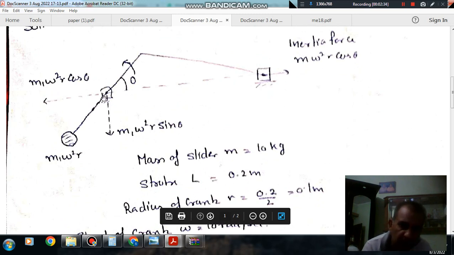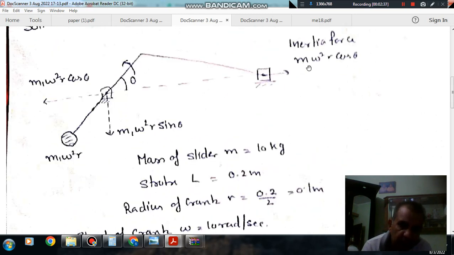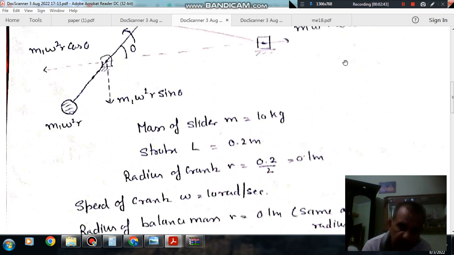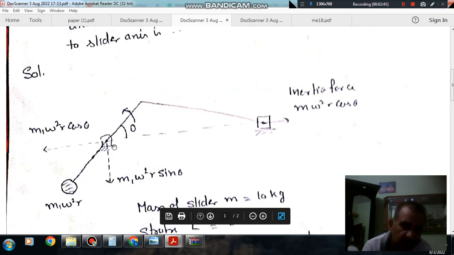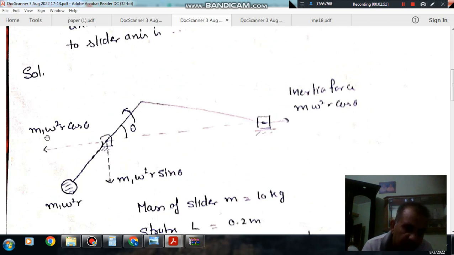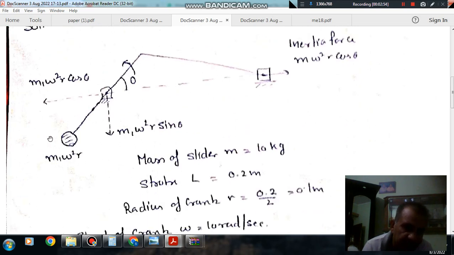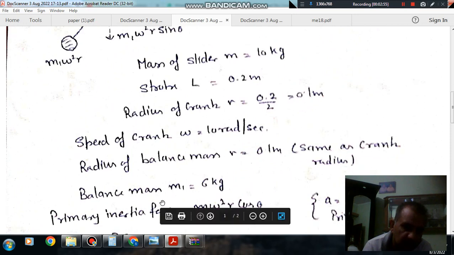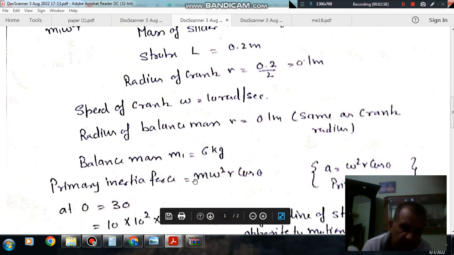Along the line of the stroke, the inertia force is 10 into omega square into 0.1 cos theta, omega is 10 radian per second, and m1 balancing mass is given as 6 kg.